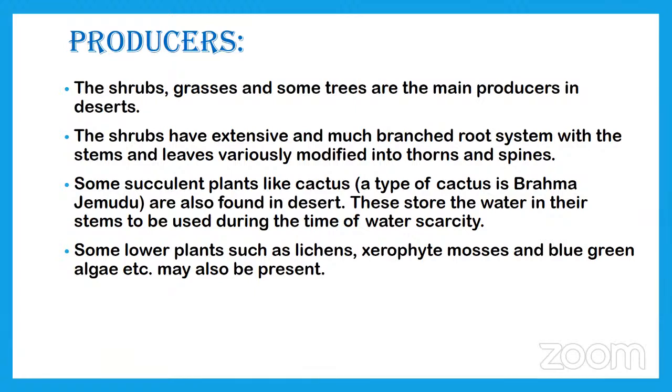Actually, these plants have a long, strong root system. These long and strong roots grow in the deeper layers of the soil in search of water. And the stem leaves are modified into thorns or spines.